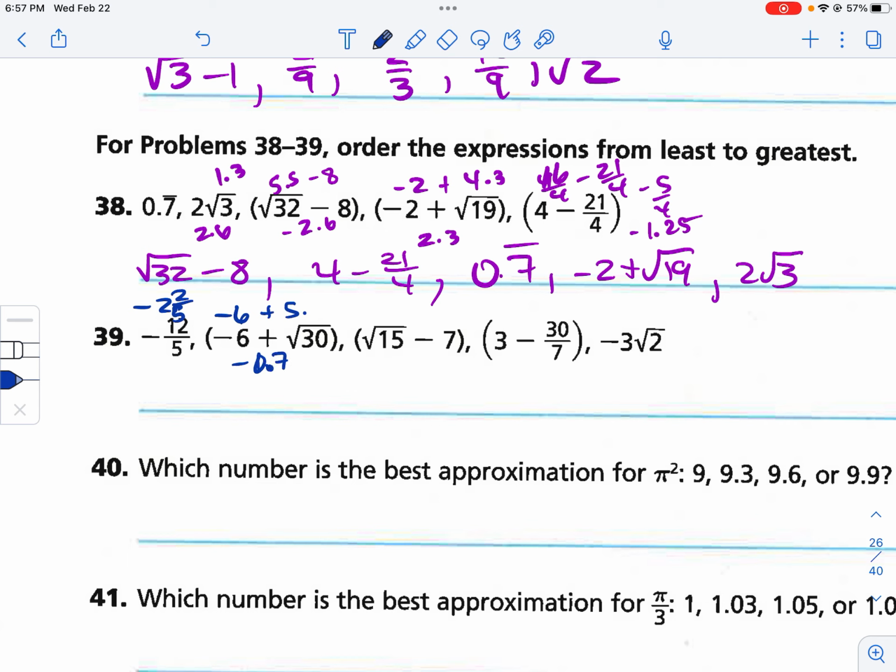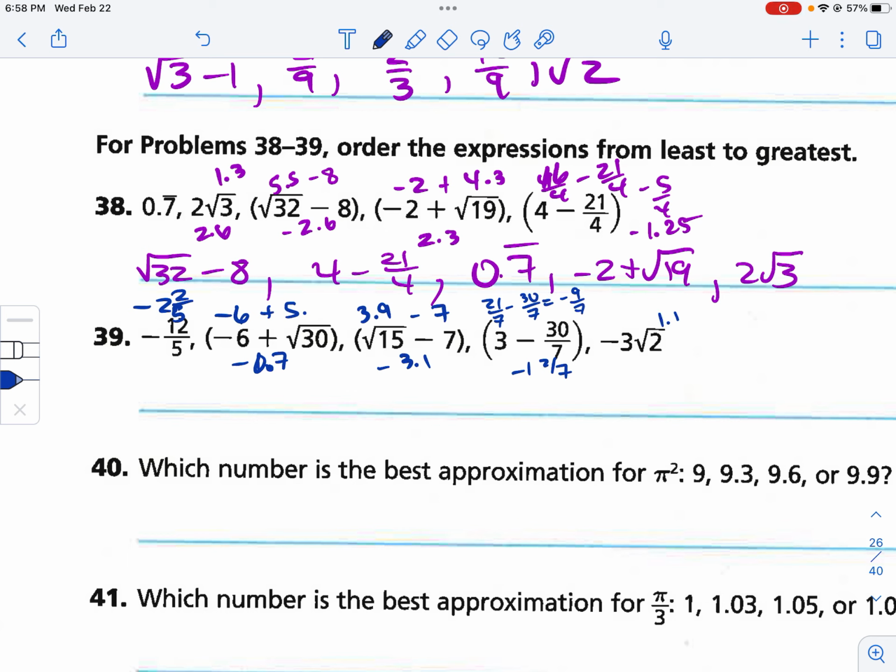We'll say this is going to be 3.9 minus 7, so that's going to get me negative 3.1-ish. 21 over 7 minus 30 over 7 will get us a negative 9 over 7. So that's negative 1 2/7.